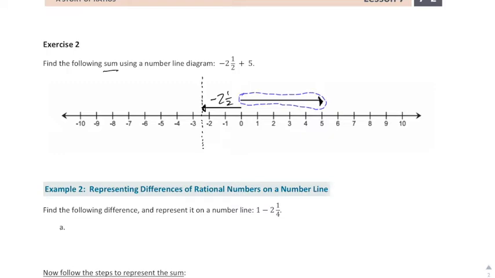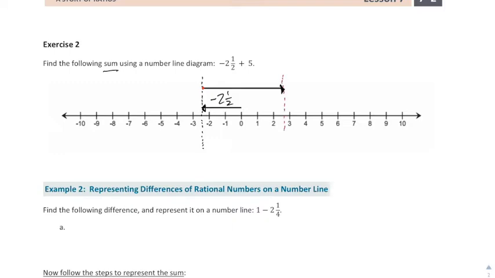I can take this arrow that's 5 units long and put it where it should be, which is starting where my first arrow ended. So that tail starts at negative 2.5. And then I've added 5.